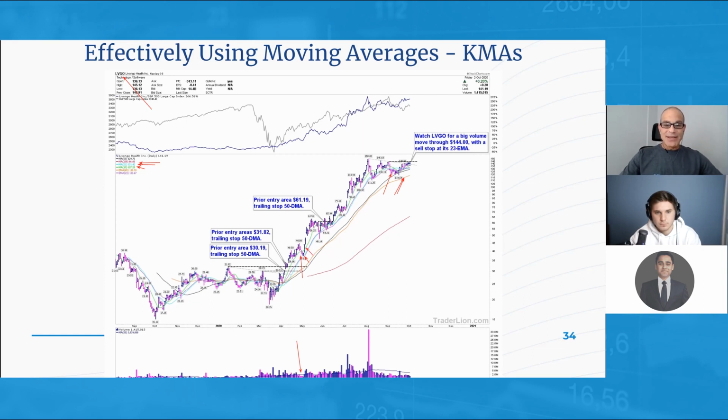So on its next consolidation that we're looking at here, we can see again we get a much sharper pullback and drop below this key moving average, the 23-day again. But as you can see, and again, Ray pointed out a few sections back, we do our best to look at everything on a closing basis.